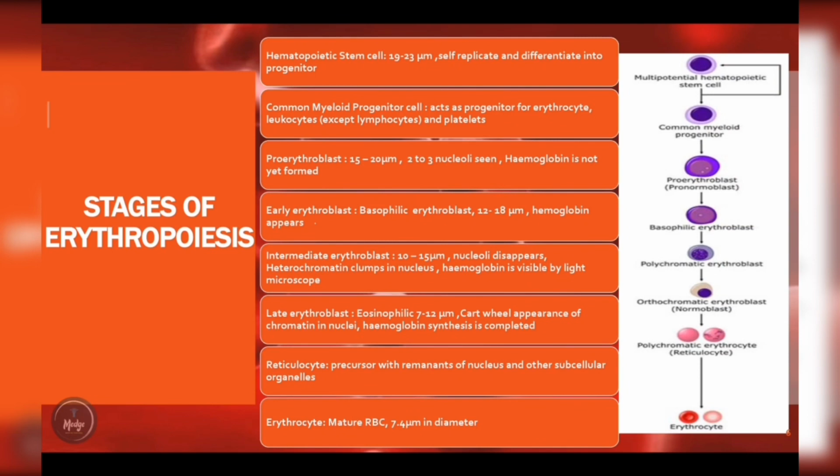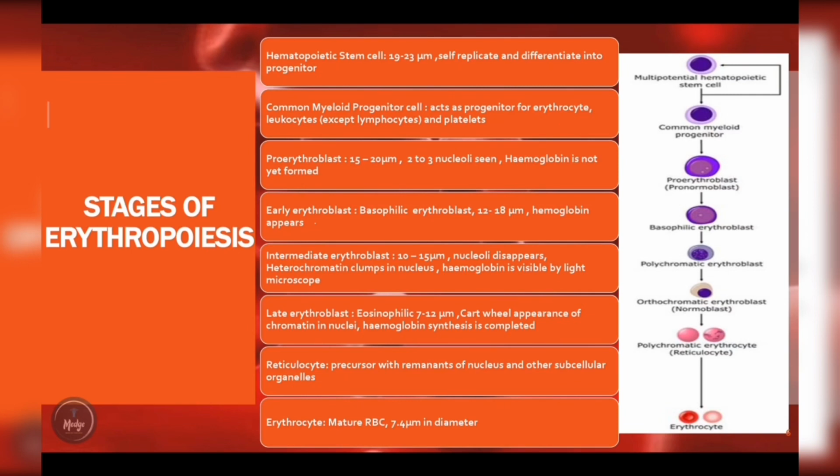The first three stages are basophilically stained because of the nucleus, and from the intermediate erythroblast onwards they are stained eosinophilically because of progressive loss of the nucleus. The intermediate erythroblast is stained by both eosinophilic and basophilic stains. The next stage is the late erythroblast. Its size ranges from 7 to 12 micrometer, and it shows a typical cartwheel appearance of chromatin in the nucleus, and hemoglobin synthesis is completed in this stage.